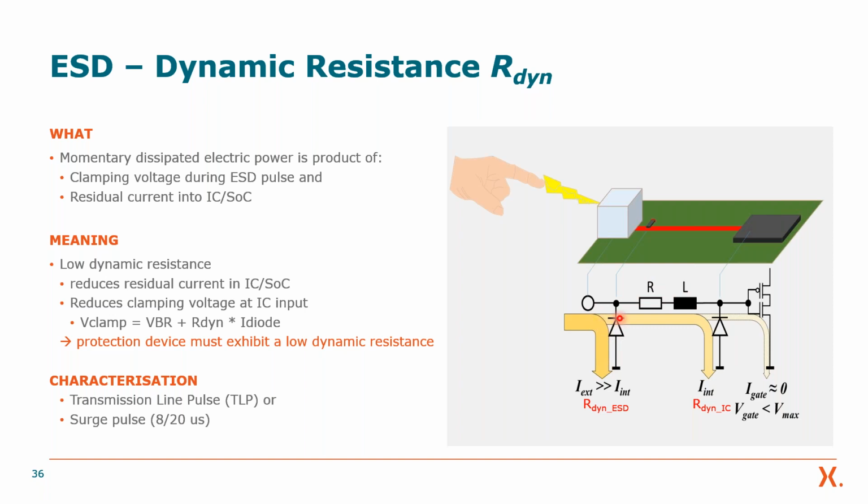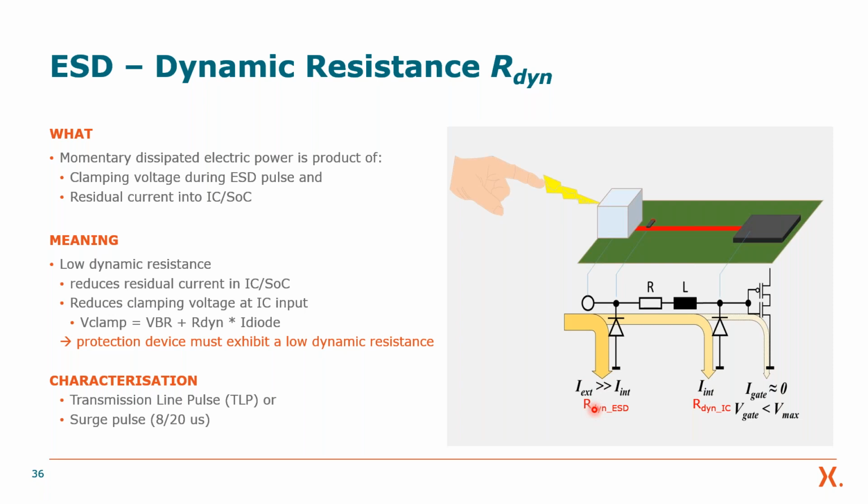Here we draw a diode, and the diode somehow breaks down in reverse. But the question is, how good does it actually break down? And the answer for this is the so-called dynamic resistance.